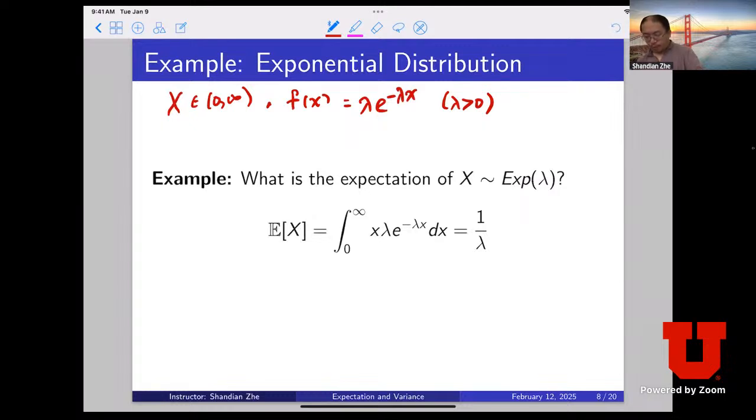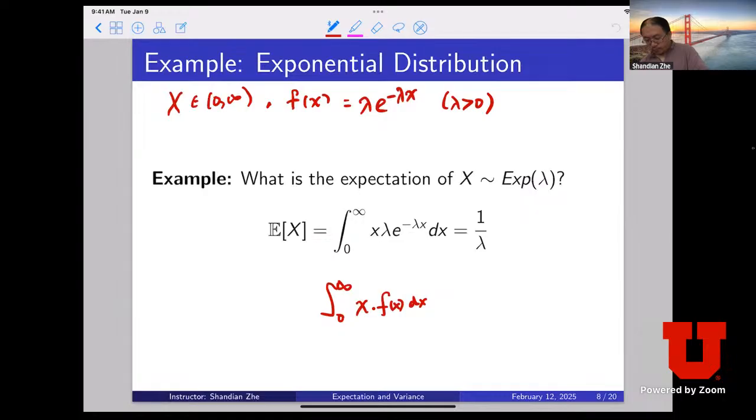Then we want to calculate the expectation according to the definition. This will be the integration of the random variable's value times the PDF over the value range, which here is between 0 and infinity.